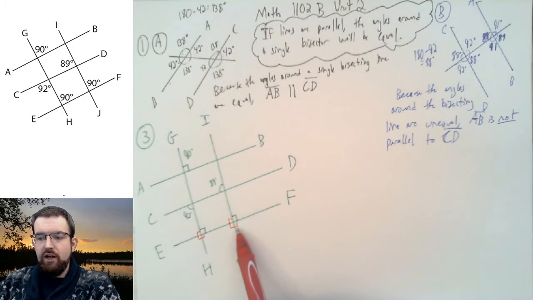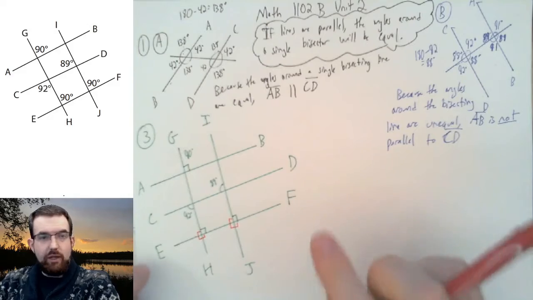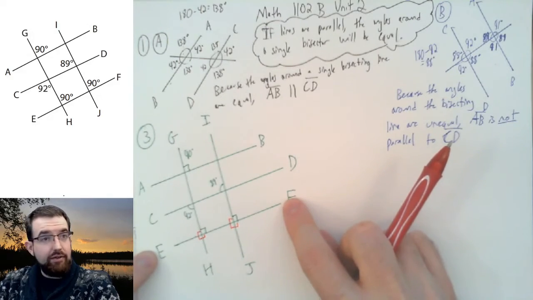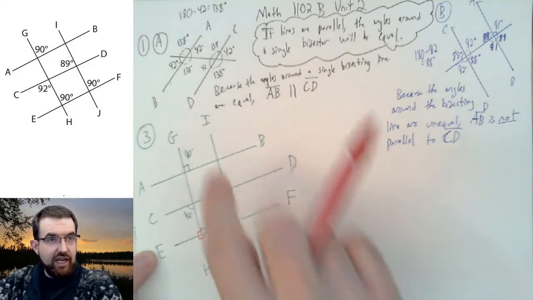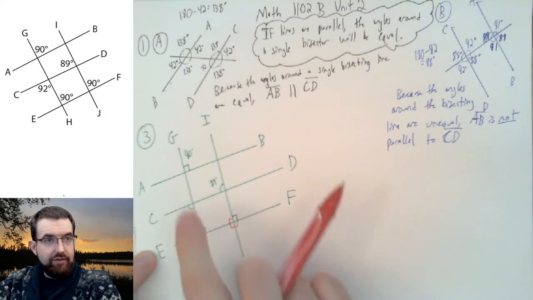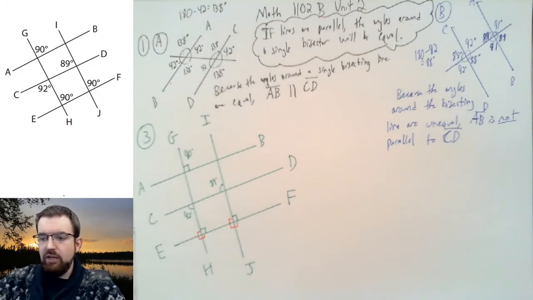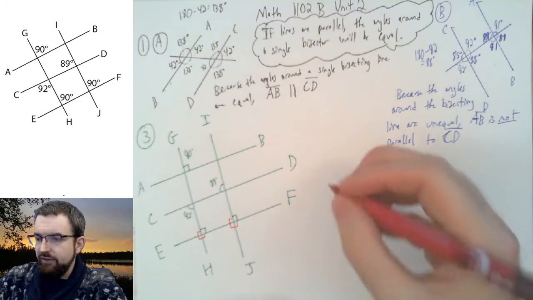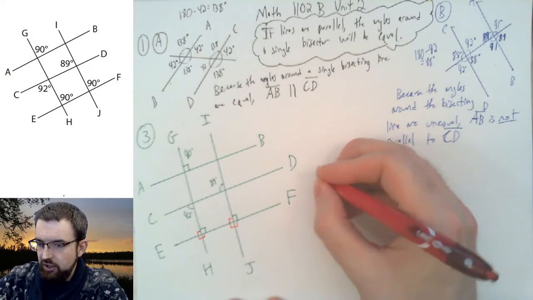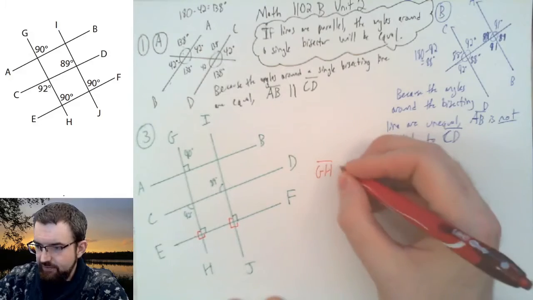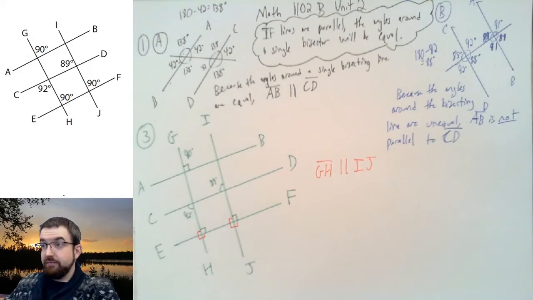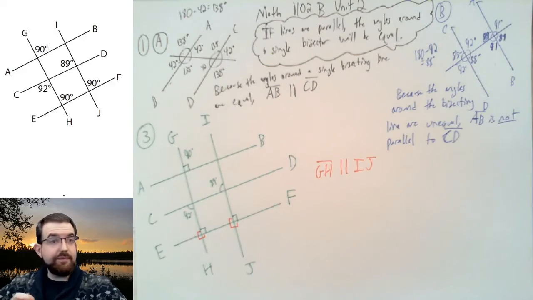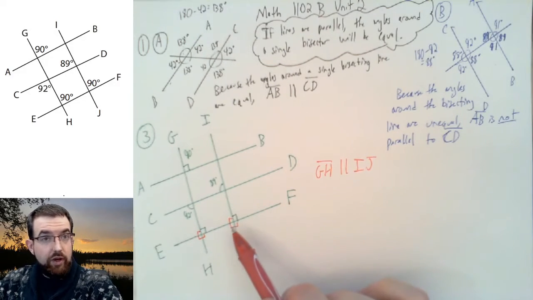So here we can look at EF as our single bisector. That's one line cutting through both GH and IJ, which tells us that GH and IJ are indeed parallel. So because of the red stuff I've written there, we know that GH is parallel to IJ.